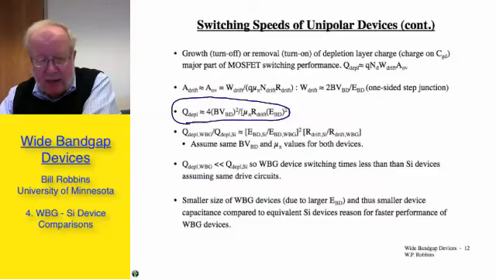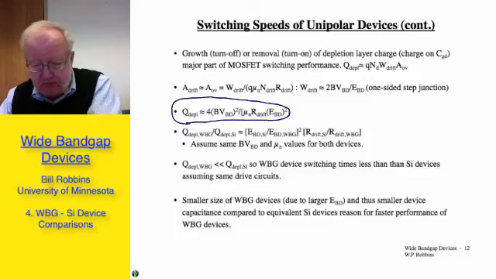And so that means the wide bandgap switching times are going to be considerably less than comparable silicon devices, assuming the same drive circuits. Basically, it's the smaller size of the wide bandgap materials due to the large breakdown field strength that gives us the smaller capacitance in the wide bandgap devices and thus the faster switching performance.